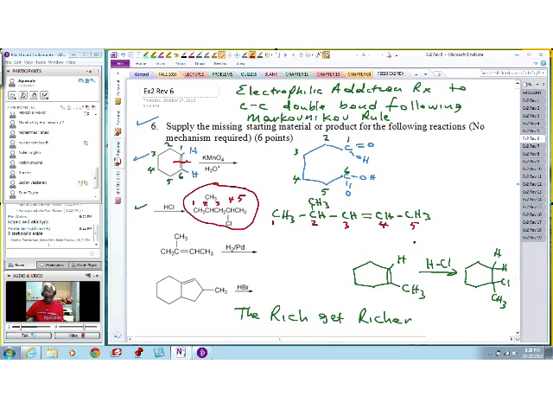Now, the other possibility is, if the carbon-carbon double bond is between carbon 4 and 5, and that will be this here.